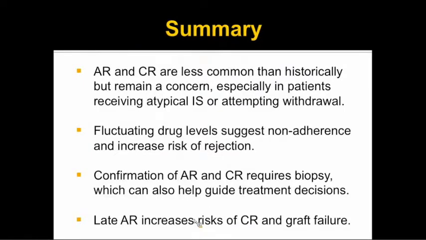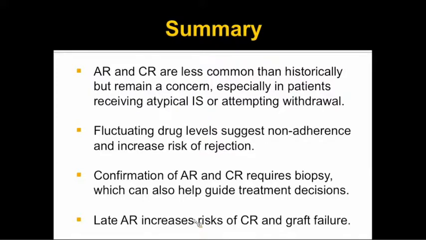So just to summarize, acute and chronic rejection are less common than they were historically, but they're still a concern, and that's especially true in patients where there's a reliance on maybe atypical immunosuppression, or there's concerns for non-adherence, and it certainly is a concern if attempting withdrawal of immunosuppression in patients. Fluctuating drug levels may suggest non-adherence and can be a sign that a patient is at increased risk for rejection.